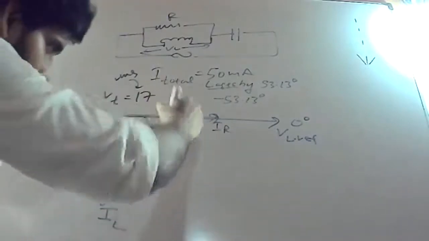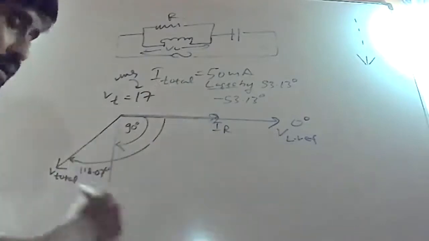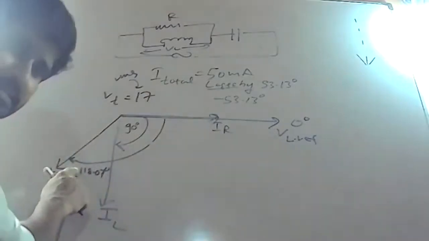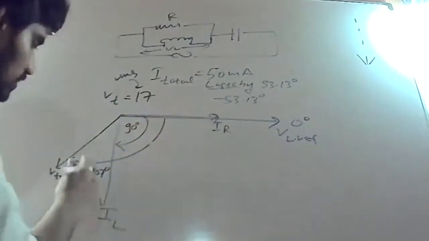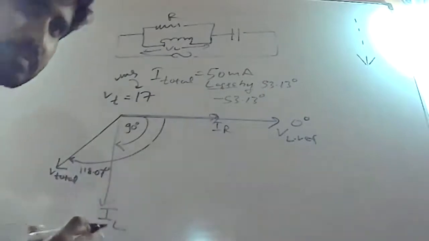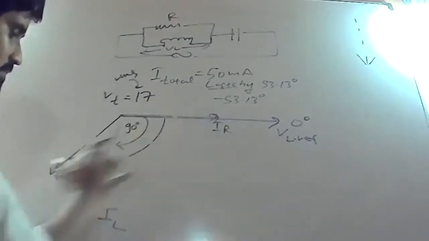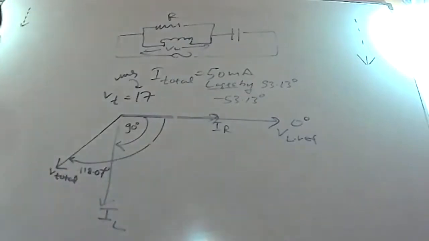It is measured in the clockwise direction, going down. In the Cartesian plane it is going down, so minus 108. But here I didn't put minus because the direction is always negative, since it is measured in the negative direction. Anyhow the angle is 108.07. So that is the total voltage, right?